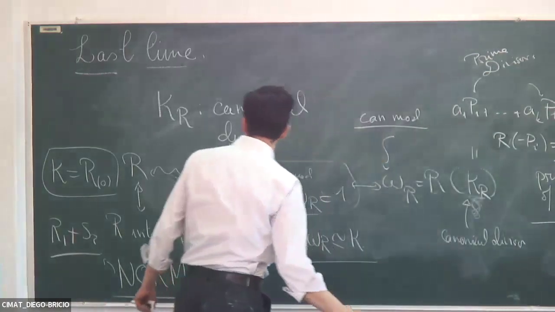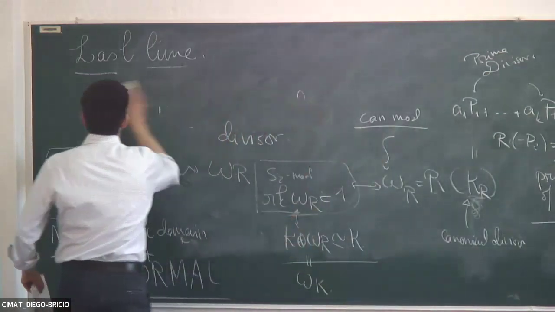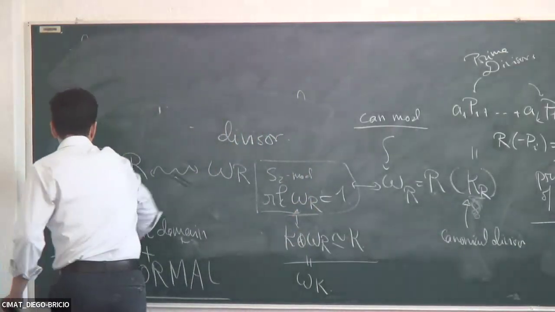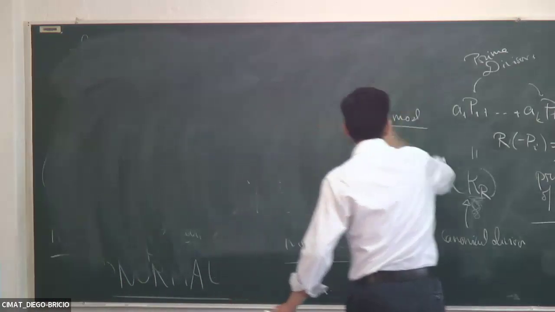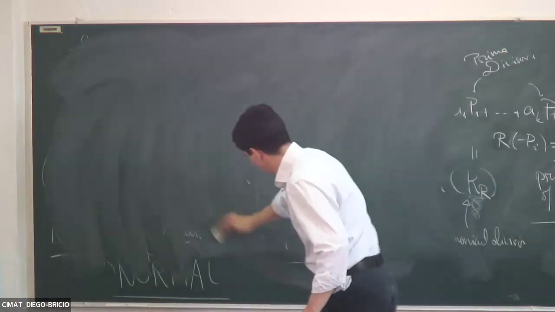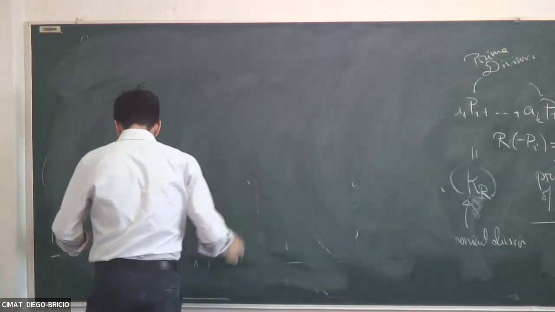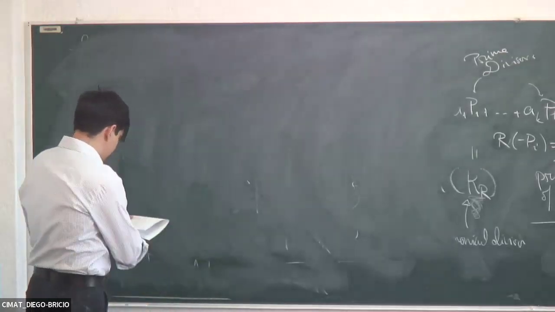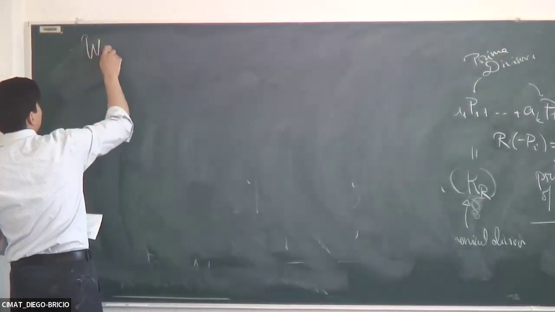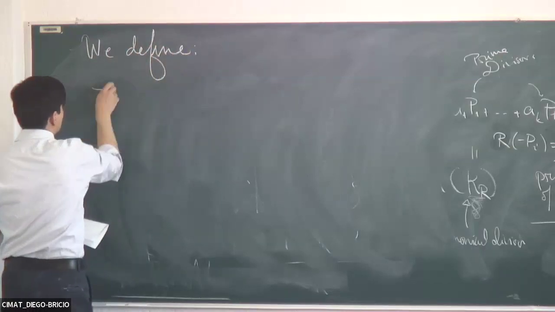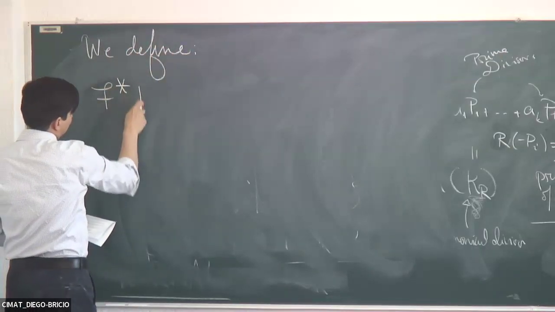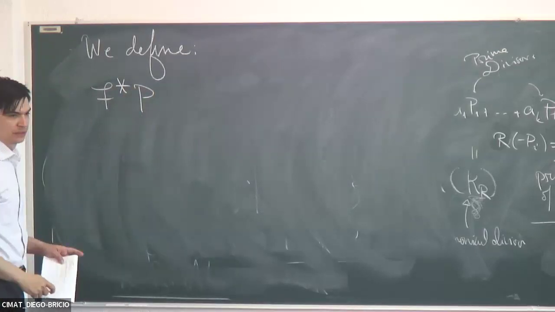Now, this is all we need to define pullbacks. And so here we are. Then we define the pullback of a prime divisor.